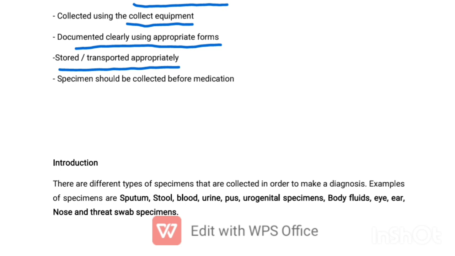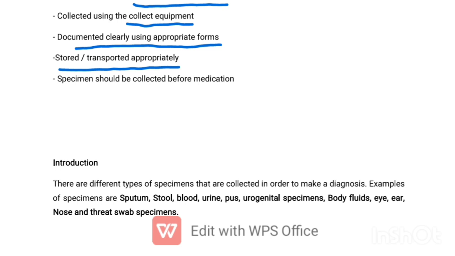Now let's see different types. So these are the main samples that are collected and processed.